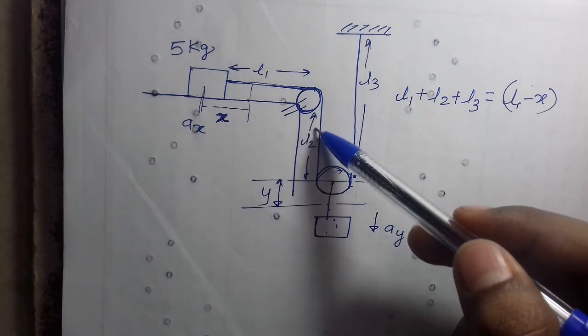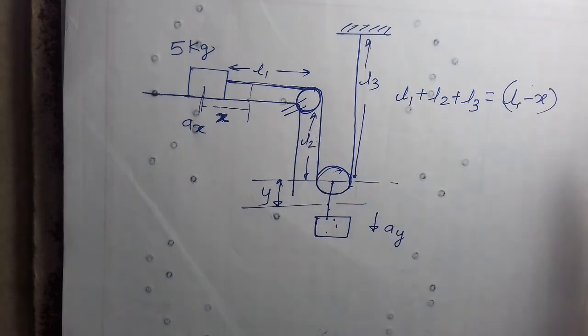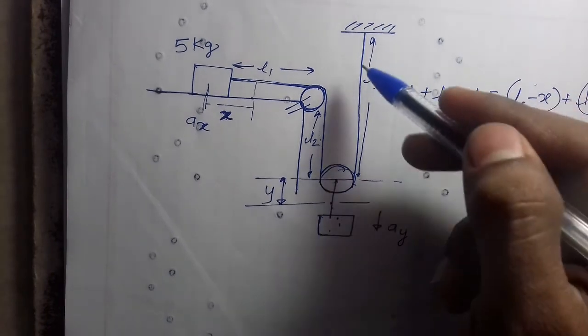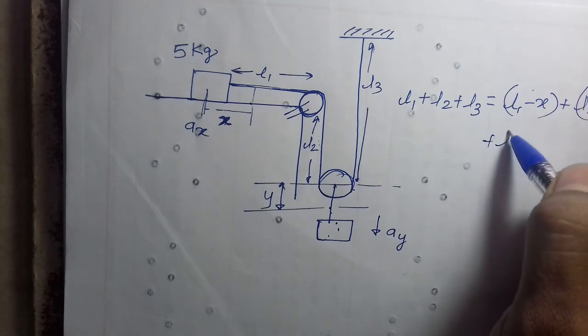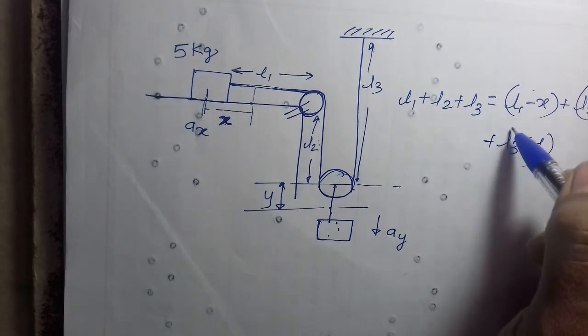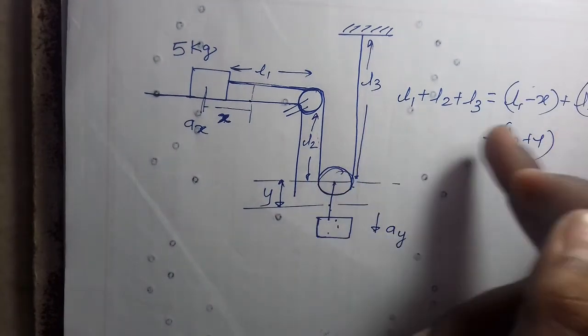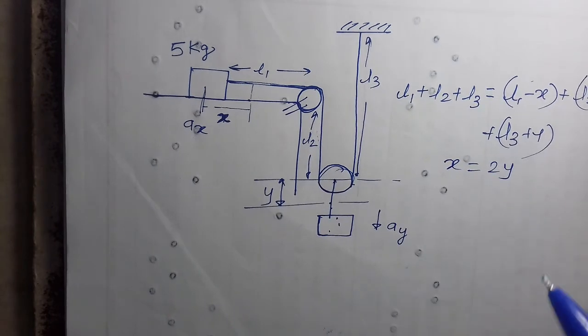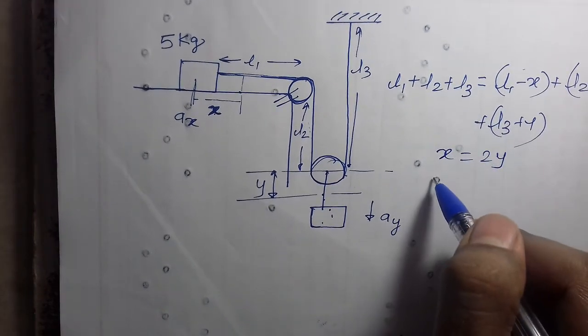Therefore, this length of the string becomes L2 plus y, and this length also becomes L3 plus y. Therefore, by solving this, I can find that x is equal to 2y.